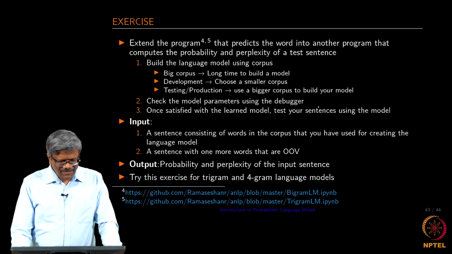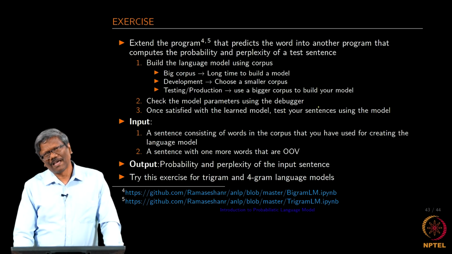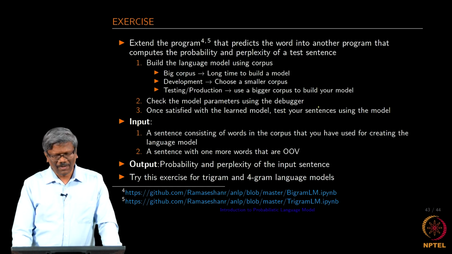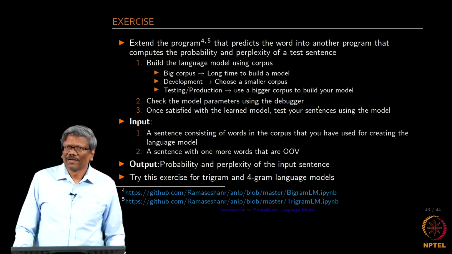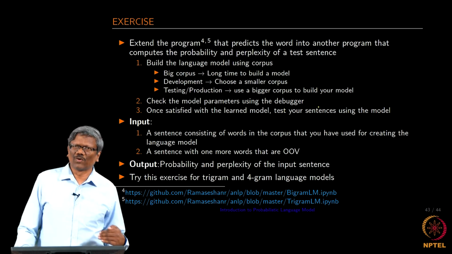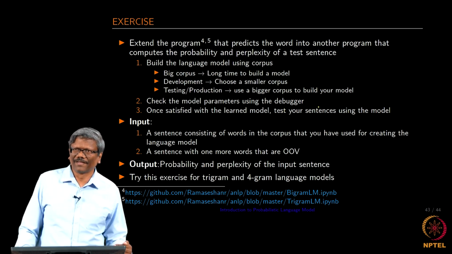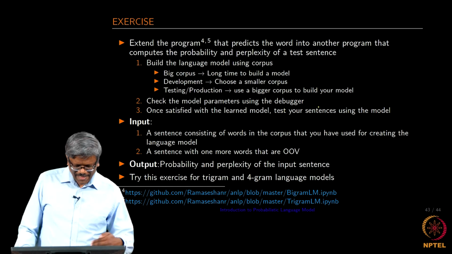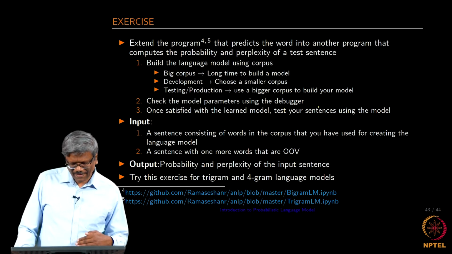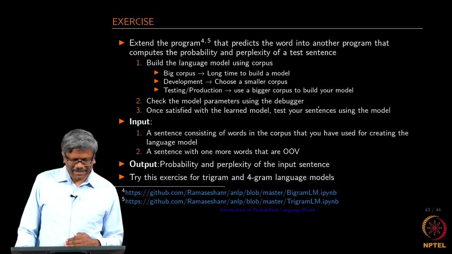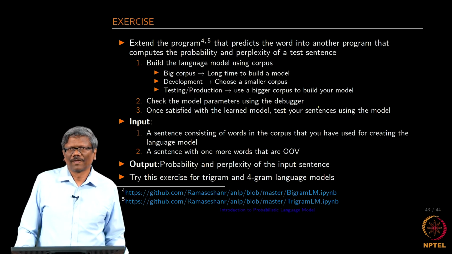You have to try this exercise for trigram and 4-gram language models. So, do not try this for bigram. If you want to really get the hang of how it is done, you can go with the bigram, try the same exercise, but the exercise that you are going to be building here should be done for trigram and 4-gram language models.